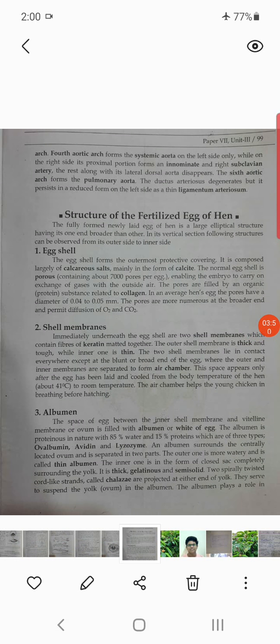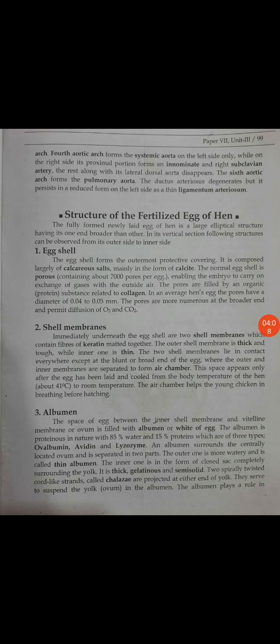The albumin is proteinous in nature. It is 85% water and 15% protein, which are of three types: ovalbumin, avidin, and lysozyme.